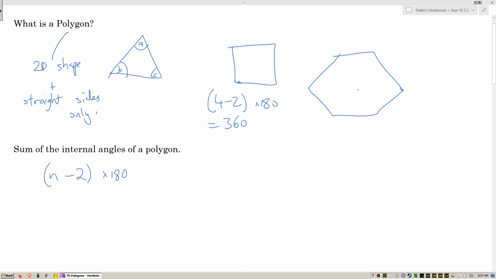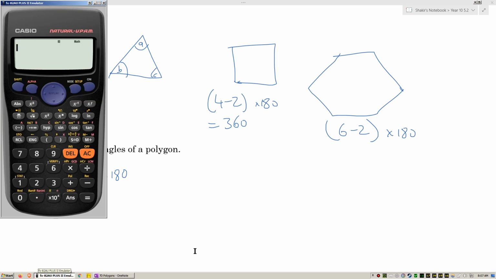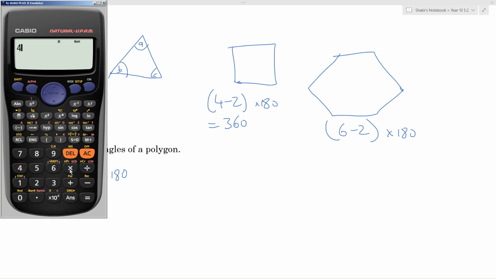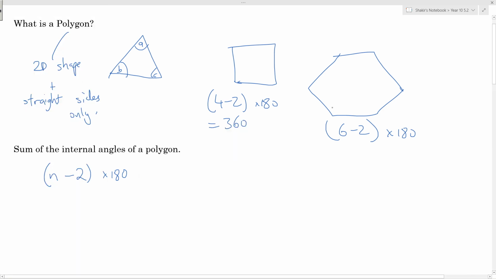But what about a hexagon? It's got 6 sides. 6 minus 2 times 180. That's 4 times 180, and we can do that on a calculator pretty quickly. 4 times 180 gives us 720.